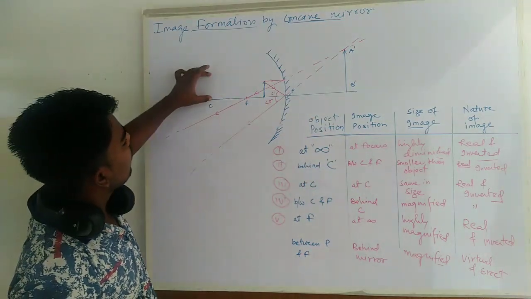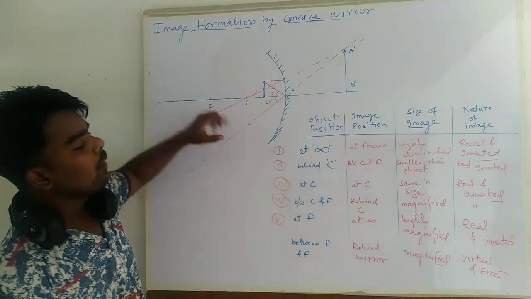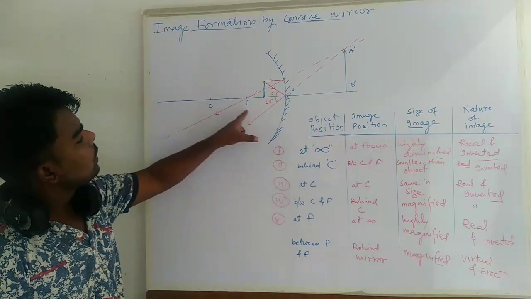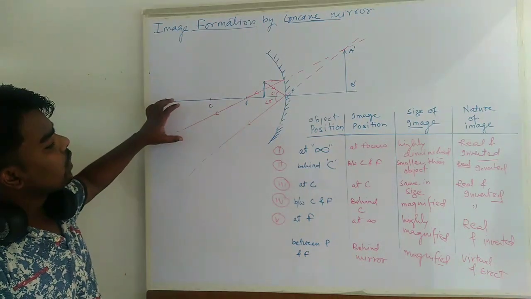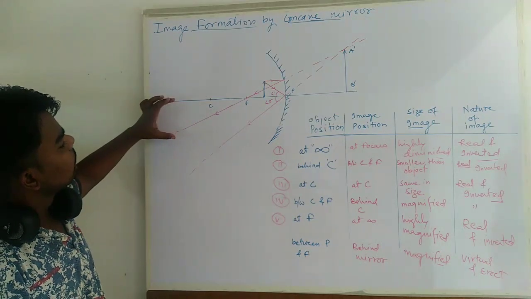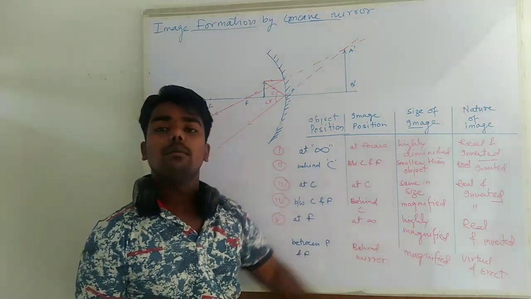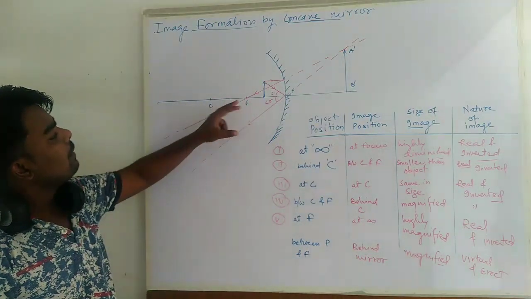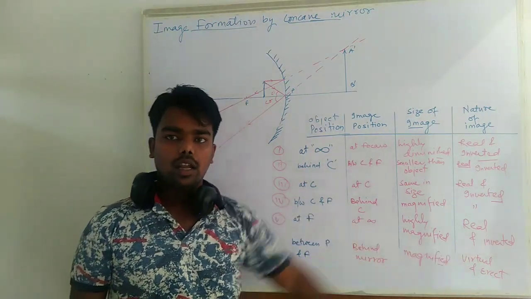When the object is placed at C, the image is forming also at C, the size was same, real and inverted. When the object is placed between C and F, the image is forming behind C, real and inverted, and highly magnified. When the object is placed at F, the image was forming at infinity, highly magnified, real and inverted.